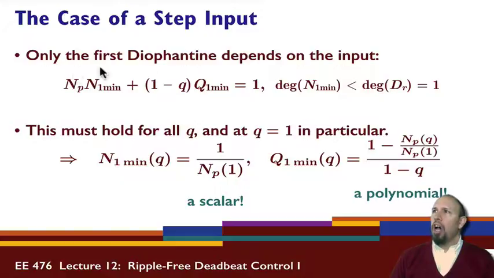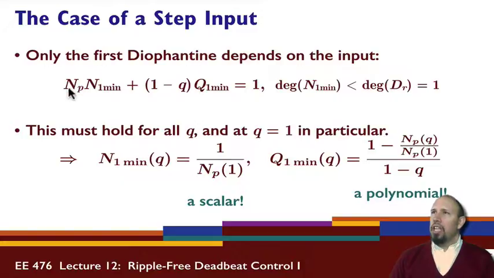If you recall, in the Diophantine equations, it's only the first Diophantine equation, the one that involves dr, that depends on the input. The second Diophantine equation is the same regardless of what signal you're tracking. Okay, so it's only the first Diophantine equation that determines the performance.